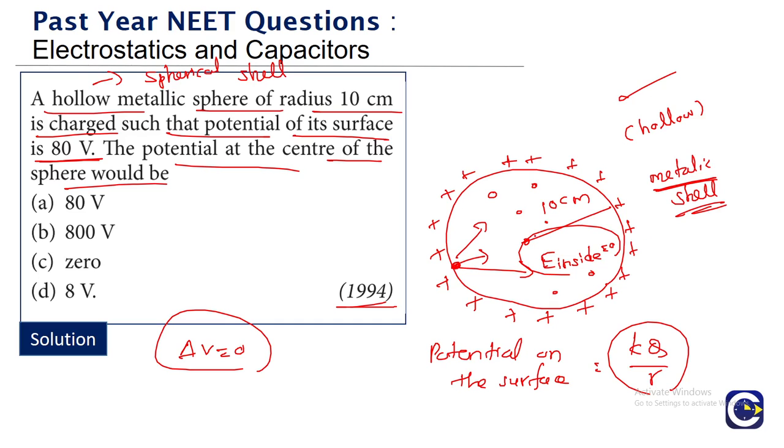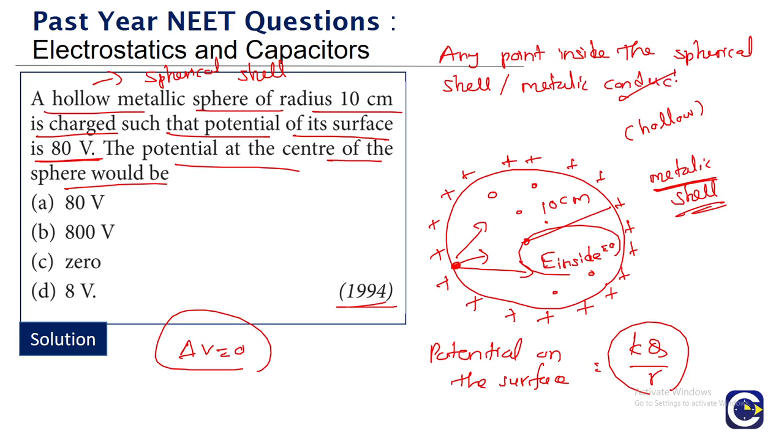It need not be just the center. For any point inside the spherical shell or metallic conducting sphere. Now we need to understand the difference between them. Spherical shell means only the outer surface.